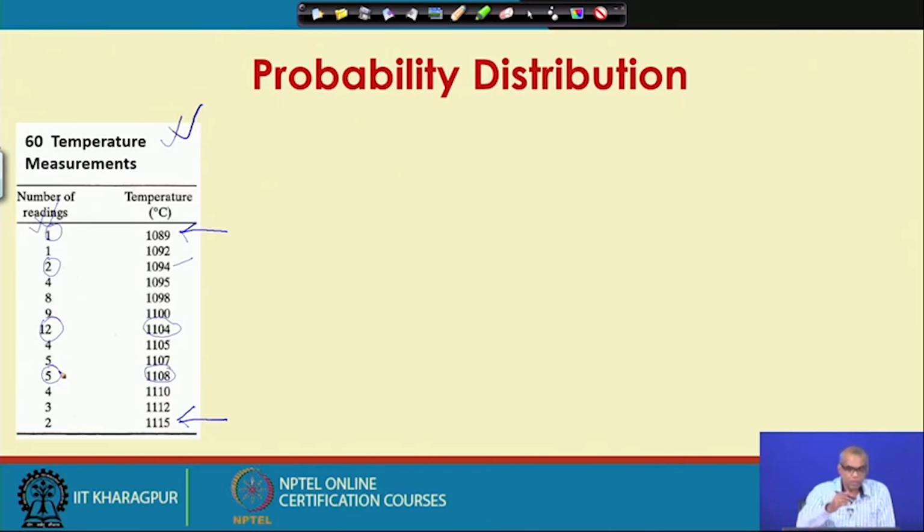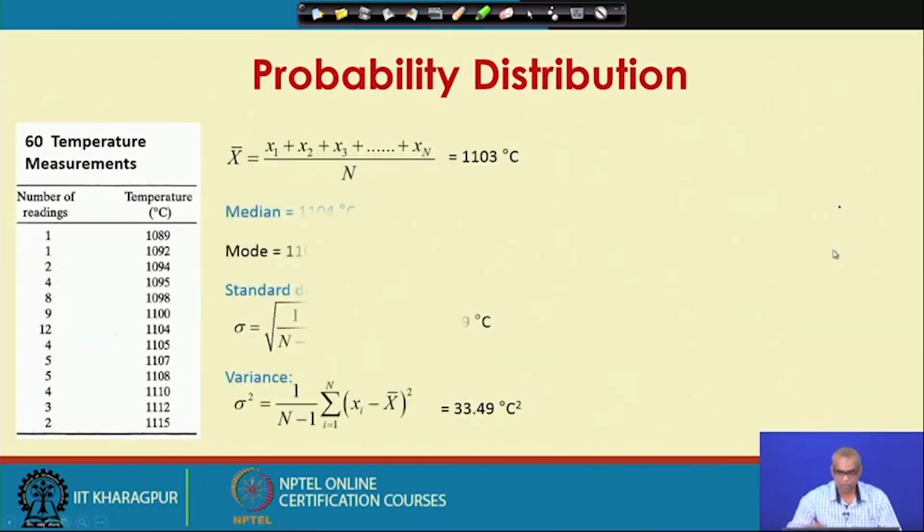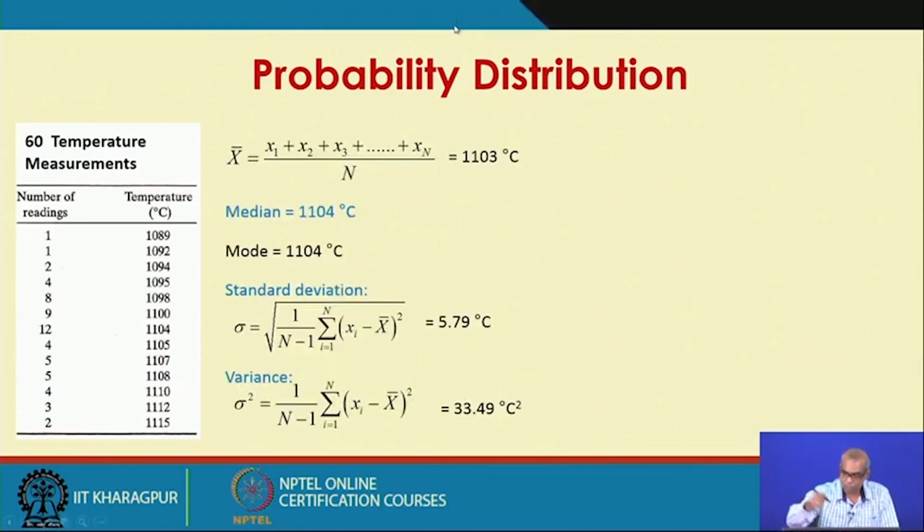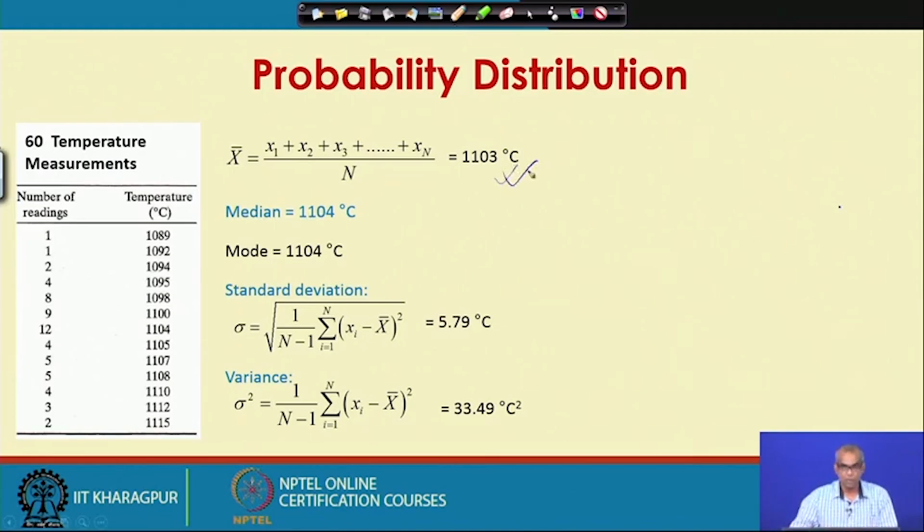Now, given this data, we can find out the basic statistical parameters such as mean. The definition we have learnt in the previous lecture. Median can be obtained as 1104 degrees Celsius.